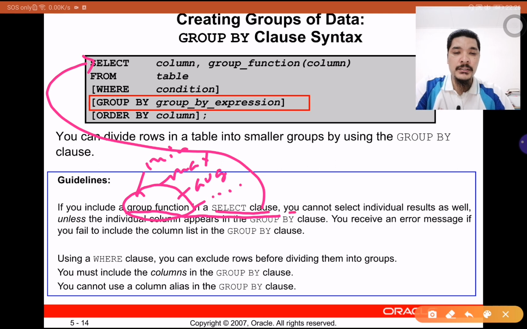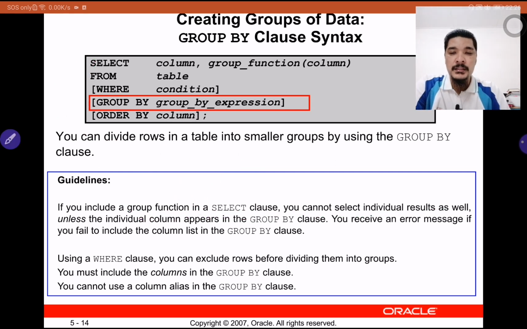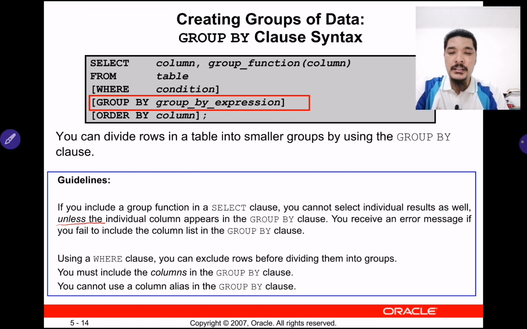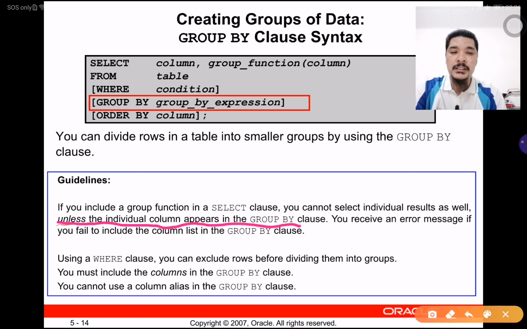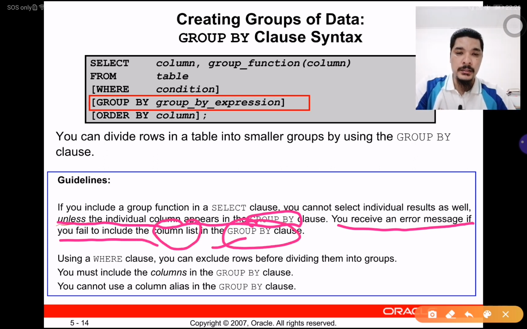You cannot select individual results as well, unless the individual column appears in the group by. Okay, I will explain later. You receive an error message if you fail to include the column list in the group by clause. Okay, so later we look into the examples.